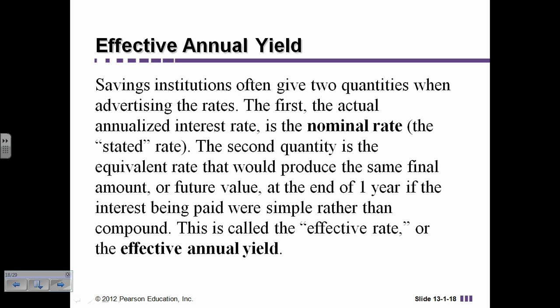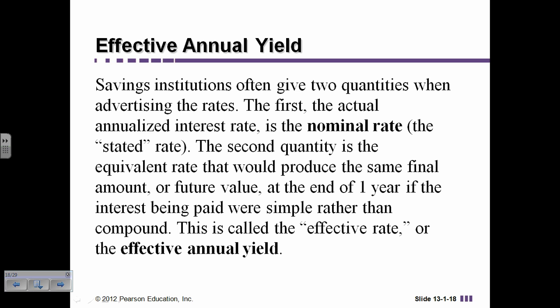All right, so let's talk about this, effective annual yield. A lot of times when banks advertise an interest rate, they will give you two different values. The first is the actual interest rate, and it's called the nominal rate. That's the stated amount that's going to be given to you. The second value is what we call an effective annual yield.